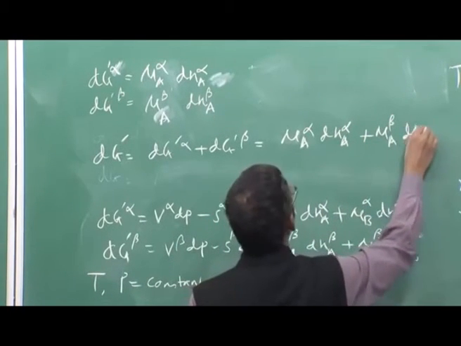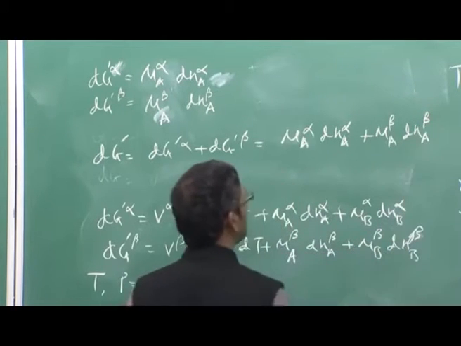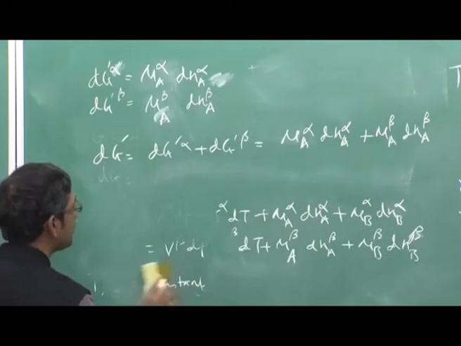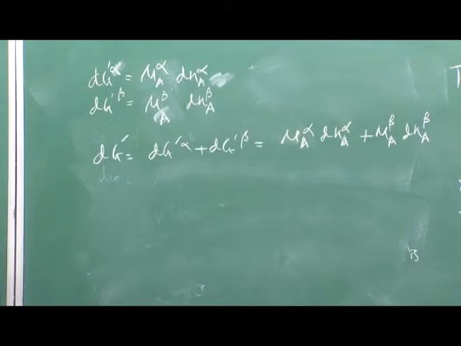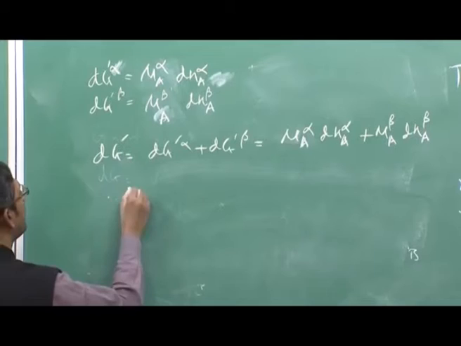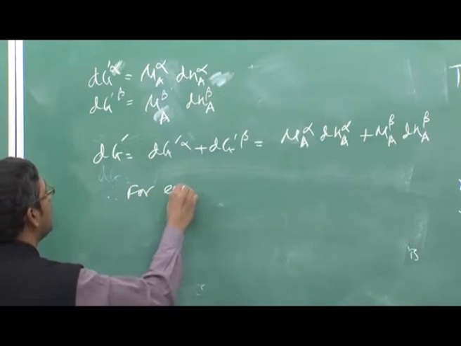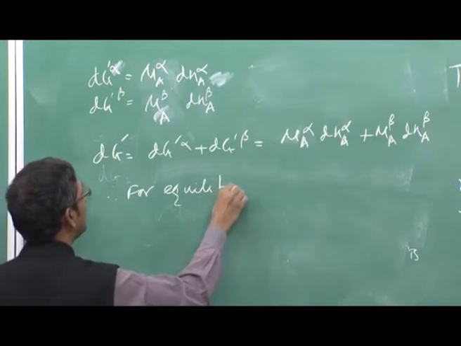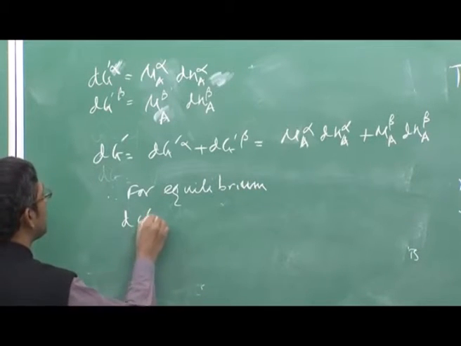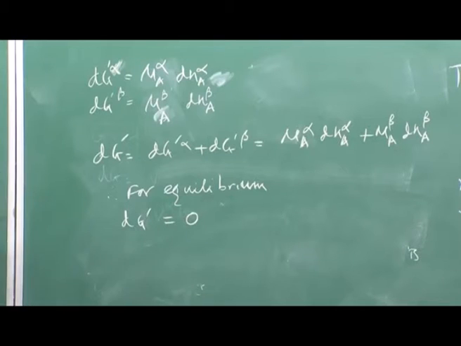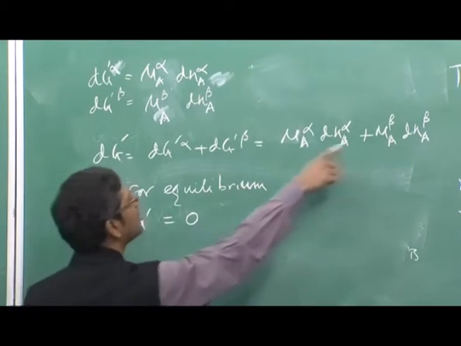Okay. So for any system to be at equilibrium, the total free energy change should be constant. So for equilibrium, dG total or dG' should be 0.